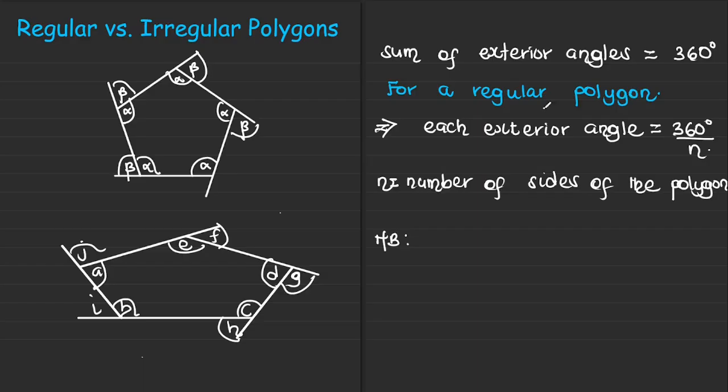But the only thing is all the exterior angles are different. Hence, we don't use this to get the value of each and every one of them, no. But we agree that the sum of all the exterior angles gives us 360. So let's take some examples and then solve to test our understanding.